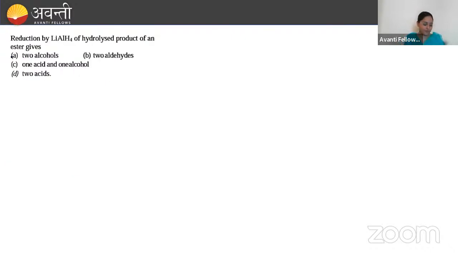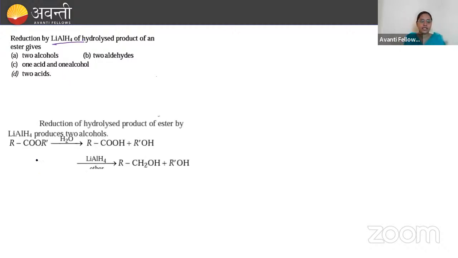Okay, next problem. Reduction by LiAlH4 of the hydrolyzed product of an ester gives... So if reduction with LiAlH4 happens to an ester, then what are you going to get? See the reaction when an ester undergoes reduction with LiAlH4. What will the hydrolyzed product of the ester be? The respective acid, which on reduction in the presence of LiAlH4 and ether will give us a respective alcohol, that is RCH2OH.